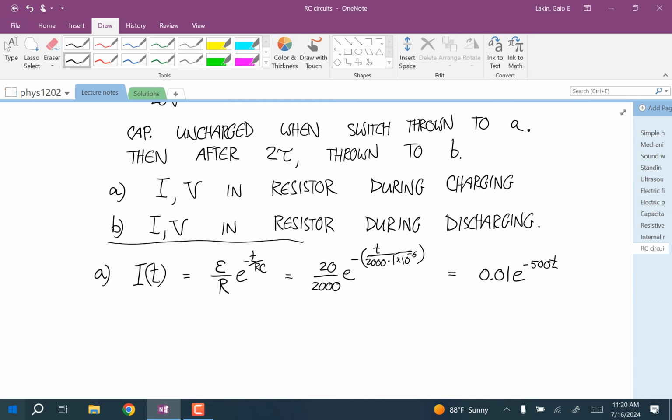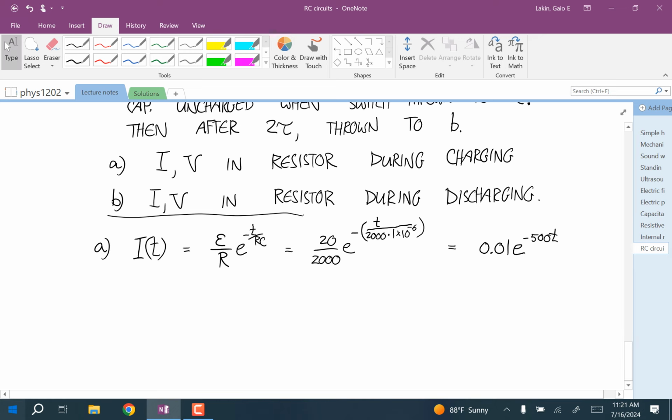And since all of these elements are in series, they have to have the same current. That's always true. Any two things that are in series have to have the same current, although they can have different voltages. And so now how are we going to calculate the voltage across the resistor? Well, remember, we're going to use Ohm's law. That always dictates what happens in resistors. And Ohm's law says the voltage across the resistor is equal to the current times the resistance.